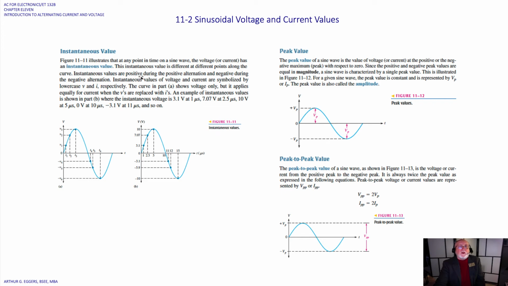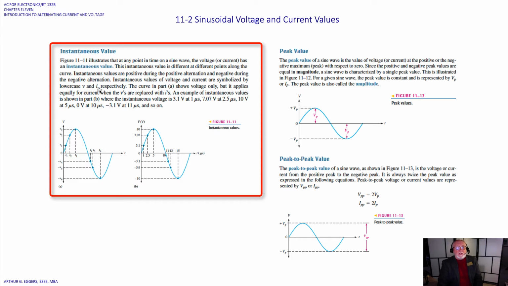Instantaneous values are positive during the positive alternation and negative during the negative alternation. Instantaneous values of voltage and current are symbolized by a lowercase v and i. In your 131 course, you were probably used to using capital letters, capital V, capital I for current, capital R for resistance.